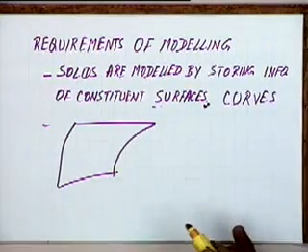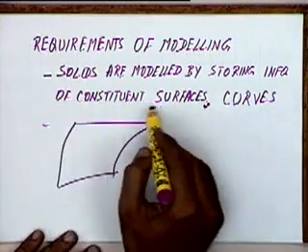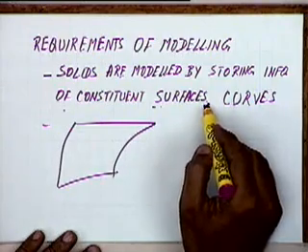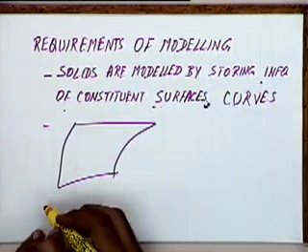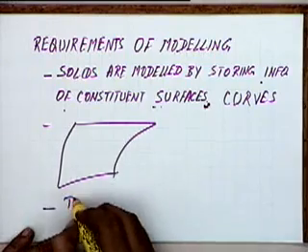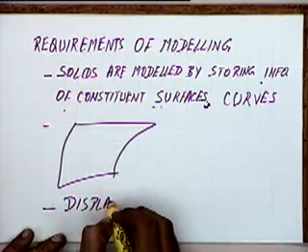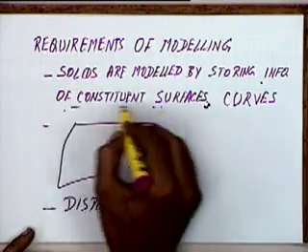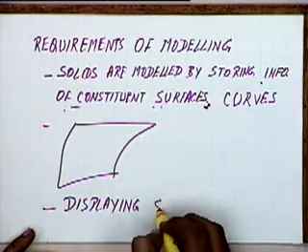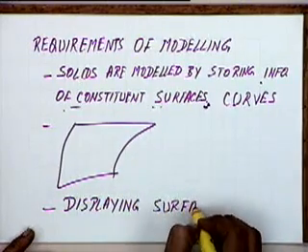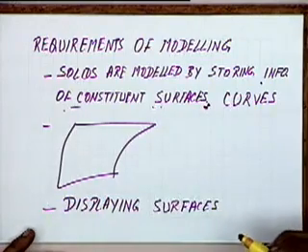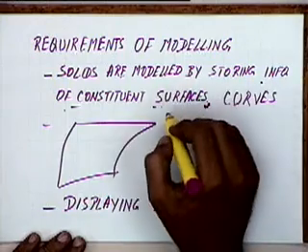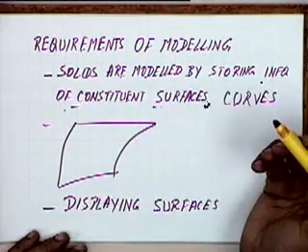Then if I am storing information with respect to surfaces and curves, this would help us in firstly displaying the surfaces. That means if I have to display any object, how do I display a solid?